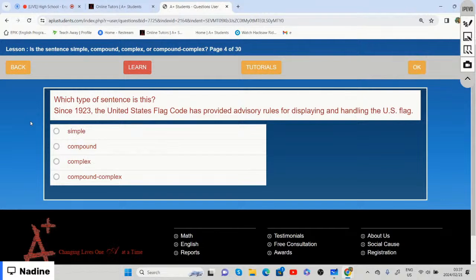So since 1923, the United States Flag Code has provided advisory rules for displaying and handling the US flag.